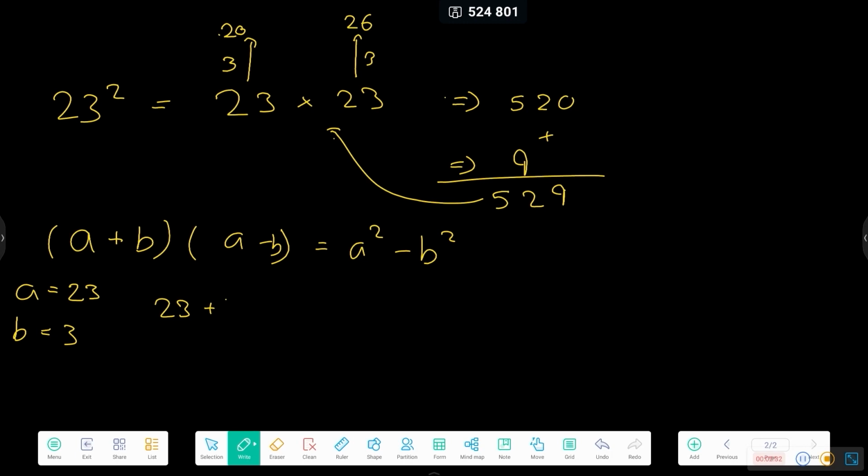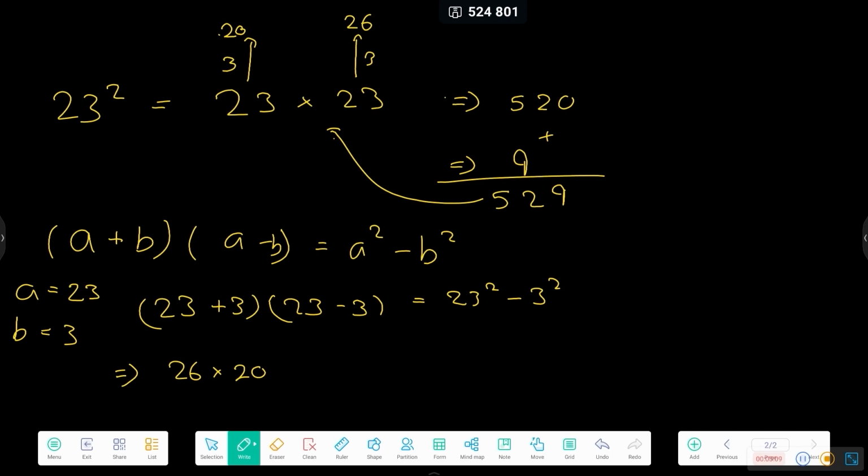So 23 plus 3 into 23 minus 3 is equal to 23 square minus 3 square, which is equal to 23 plus 3 is 26 into 23 minus 3 is 20, and minus 3 square becomes plus 3 square, is equal to 23 square.